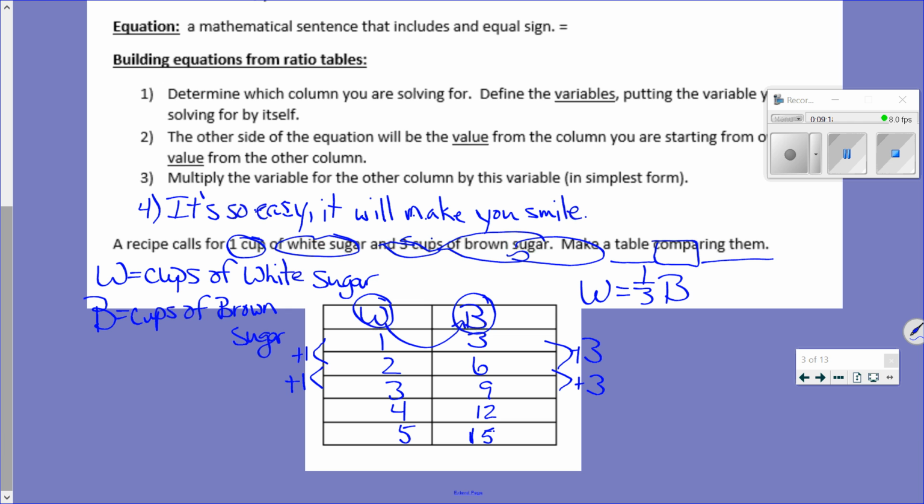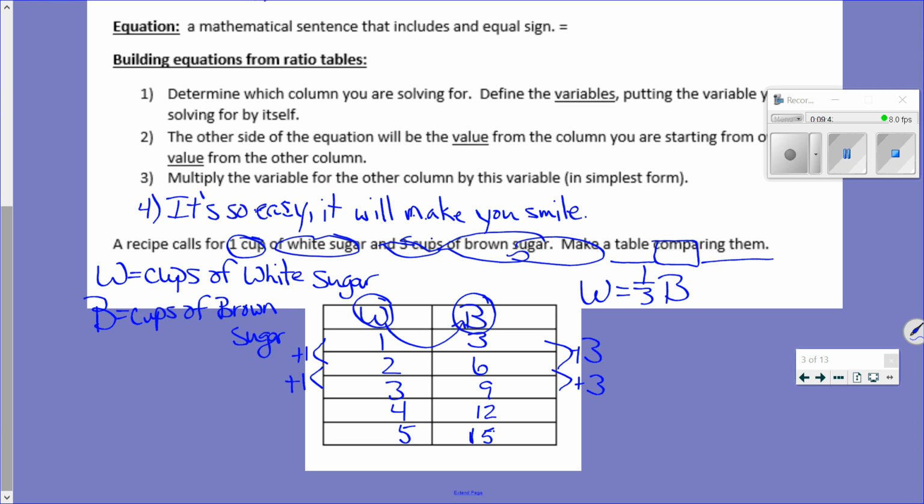So technically what we're doing is we're using that value from the table, that ratio of 1 to 3, and turning it into a fraction of 1/3. So you can see that for the W, if I know my B at any point, say for example the 9, I take 1/3 of 9, that's 3. It tells me what my W is. And that will work for any value of B.